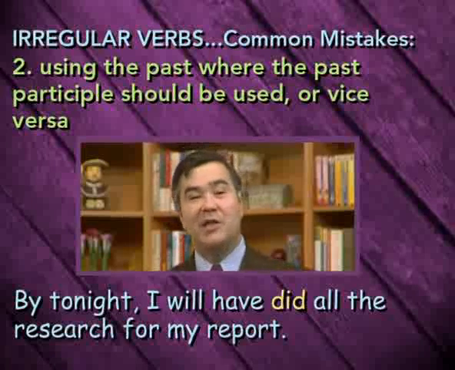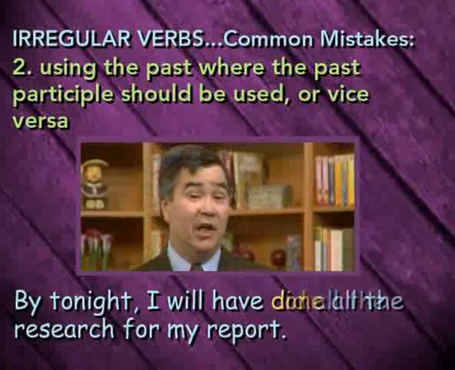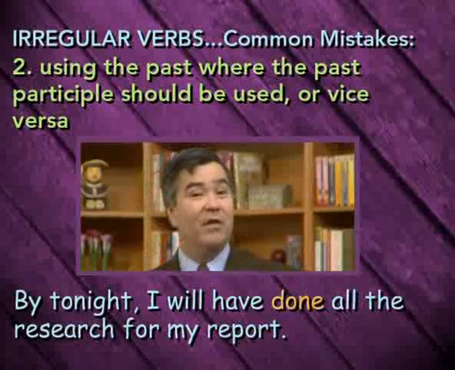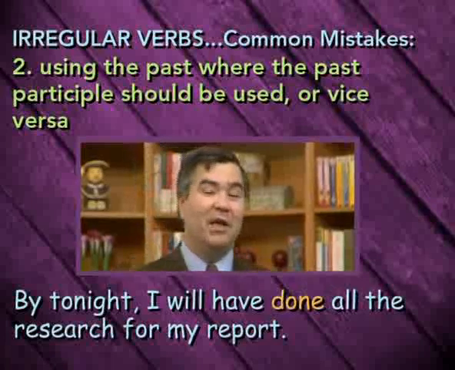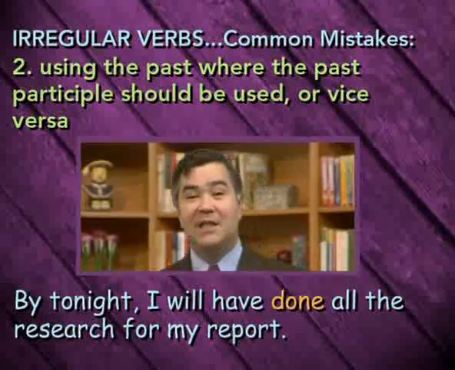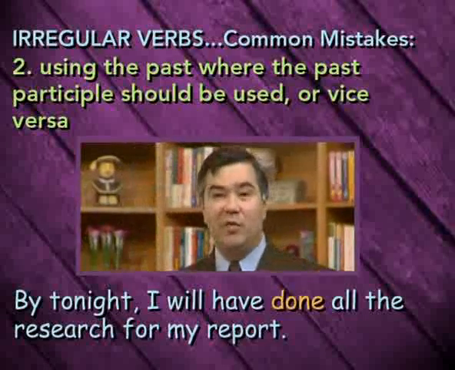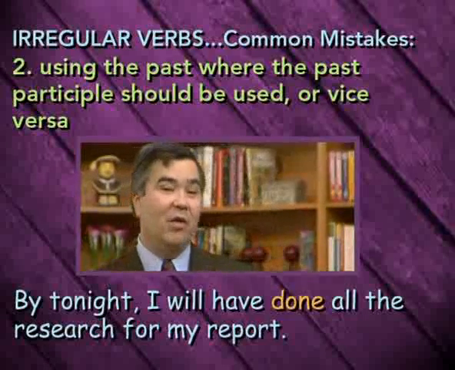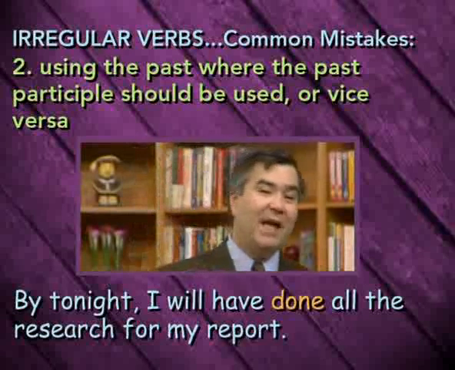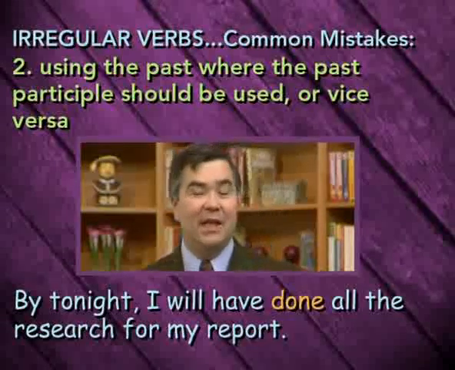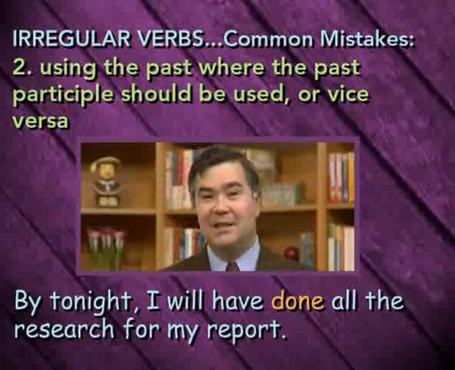Instead, the past participle needs to be used, which is done. That would be the correct form of the verb to use with the helping verb, done rather than did. And then the sentence would correctly read, by tonight I will have done all the research for my report. The author of this sentence confused the past with the past participle and therefore created a wrong sentence.